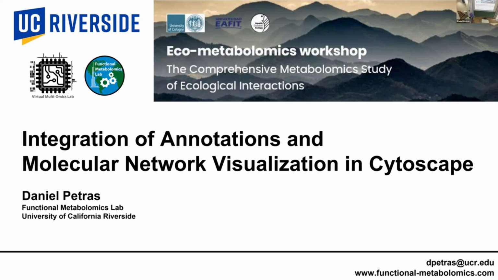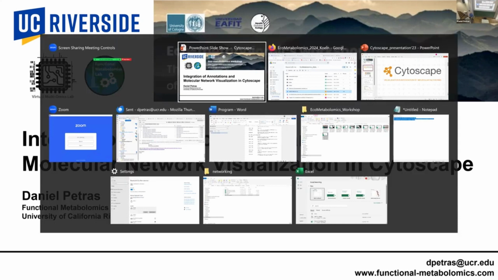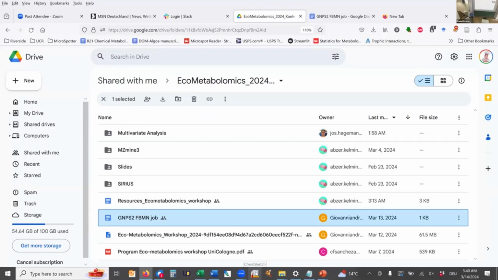What I will do is go back and forth between different web browser elements and the software Cytoscape. To bring us all onto the same page, I'm going to start off with this shared Google Drive that I think all of you should have access to, because all the data I'm going to pull is linked in this Google folder.